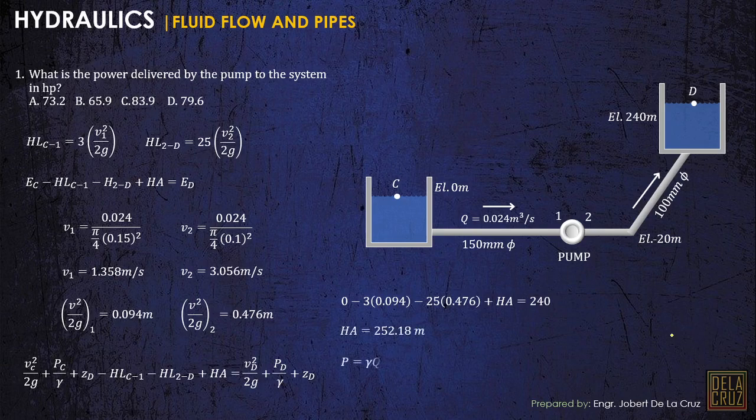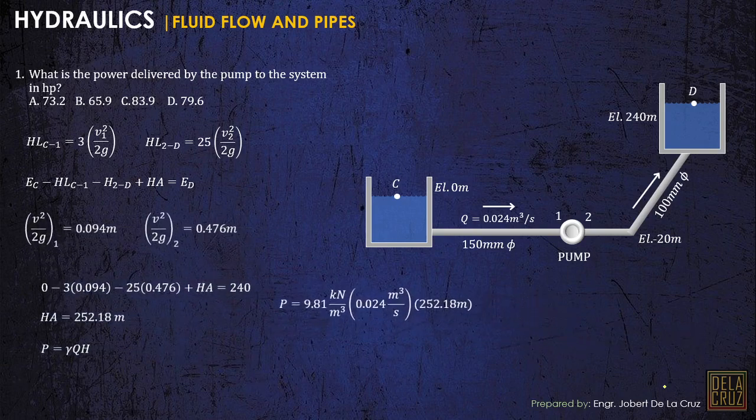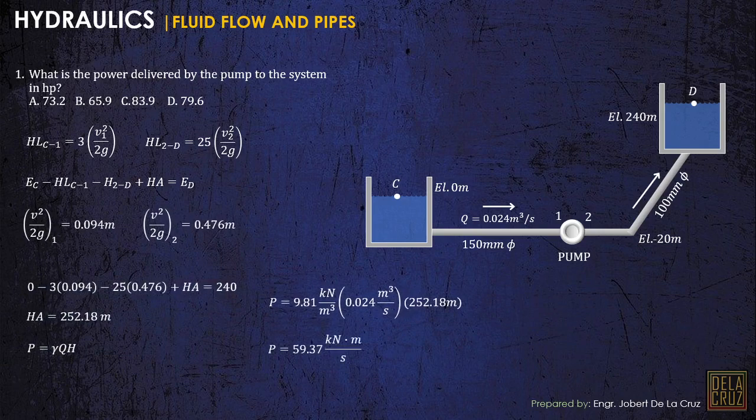Now, to solve the power, we can use this formula. Unit weight, discharge times head. So, yung head natin dyan is the head added. So, we have here, unit weight of water, kilonewtons per cubic meter, times the discharge, 0.024 cubic meters per second. Cancel out this one. Yung matitirang unit is kilonewton meters per second.